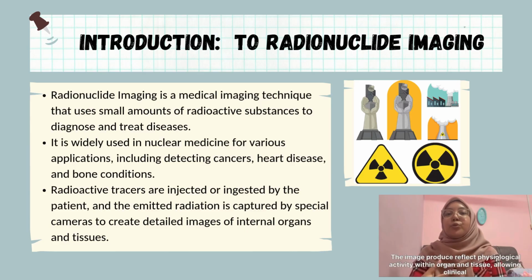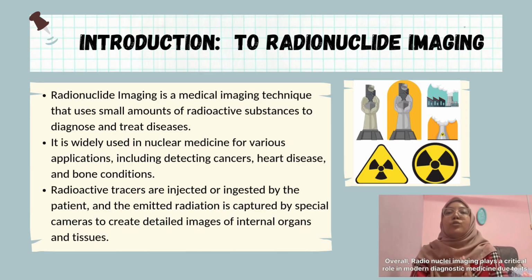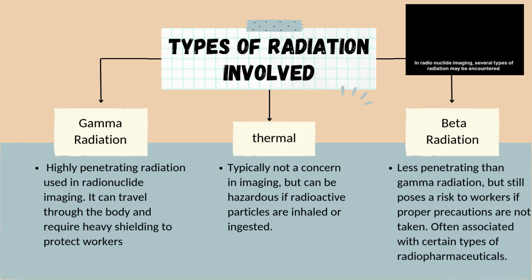The images produced reflect physiological activity within organs and tissue, allowing clinicians to detect abnormality at an early stage. Overall, radionuclide imaging plays a critical role in modern diagnostic medicine due to its ability to assess organ function in a non-invasive and highly accurate manner.